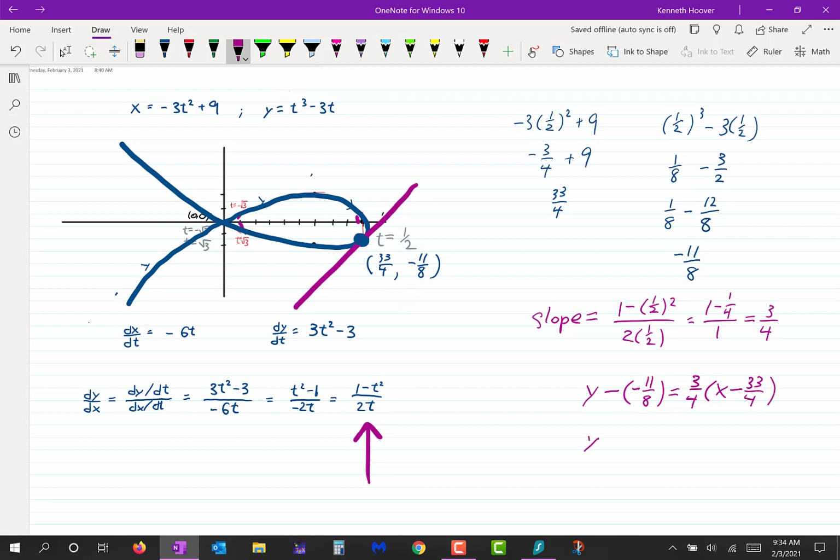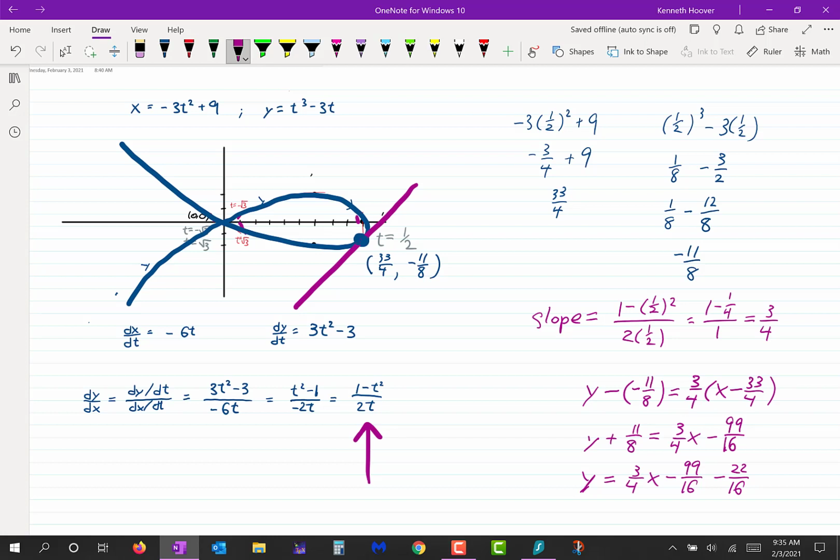So that would be y plus 11/8 equals 3/4 x minus 99/16. So that would be y equals 3/4 x minus 99/16 minus 11/8, which is 22/16.